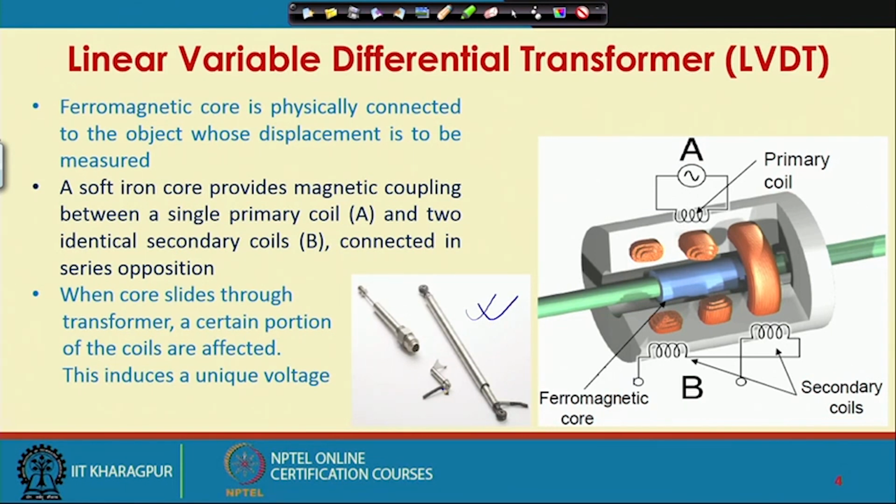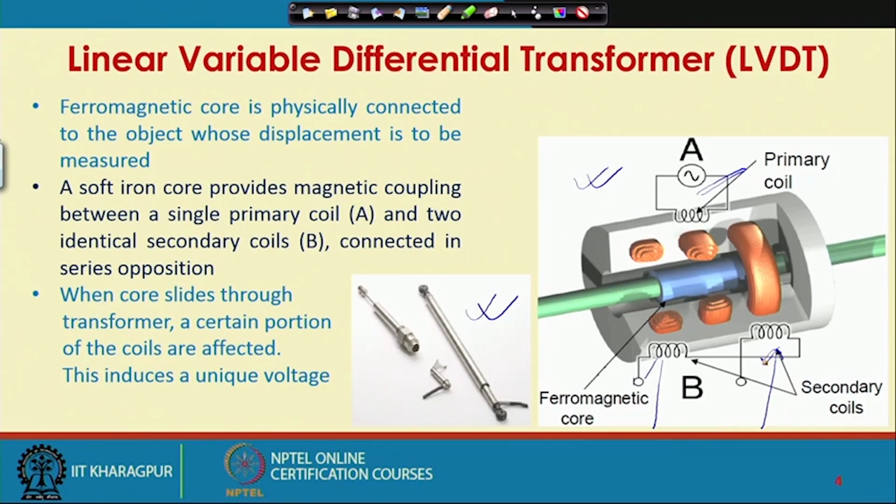So, inside, you are expected to see this. You have a primary coil and you have two secondary coils which are connected in series opposition.